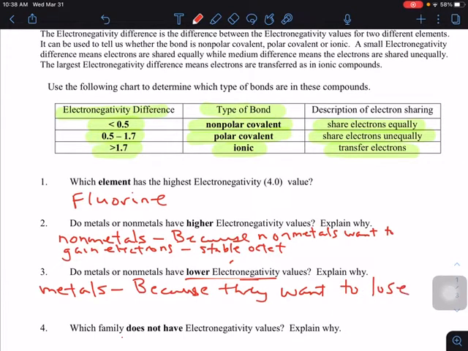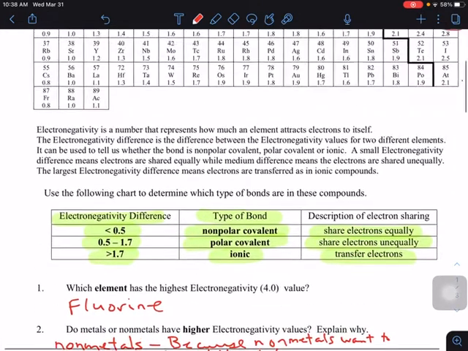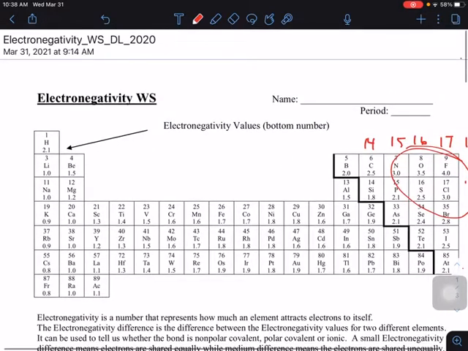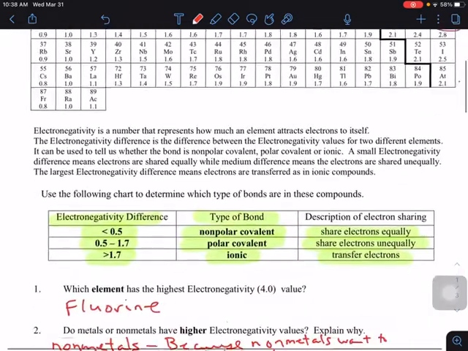High electronegativity numbers mean that they want to gain electrons, but metals want to lose electrons in order to gain the stable octet. So remember, this is like group 1. They become +1 ions. Group 2 becomes +2 ions. Group 13 becomes +3 ions because they want to lose those electrons. Okay, they want to lose their valence electrons in order to have the stable octet.